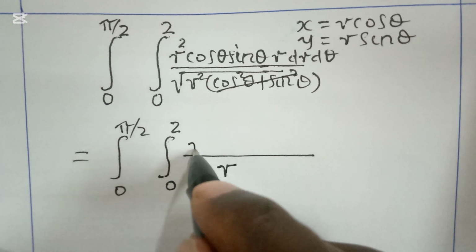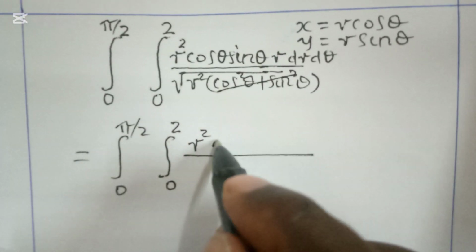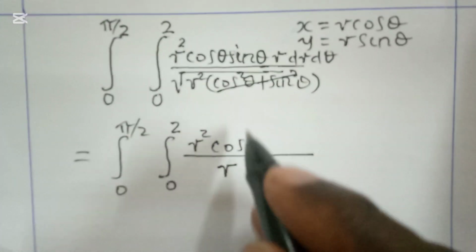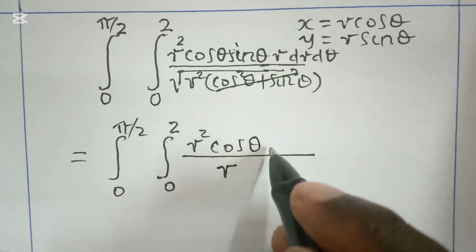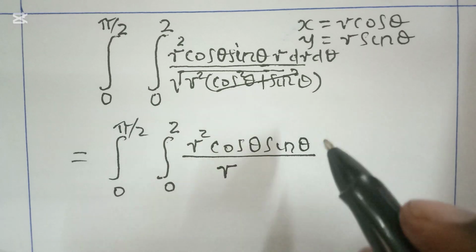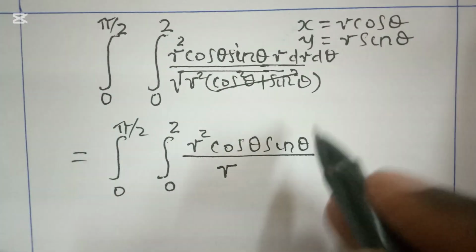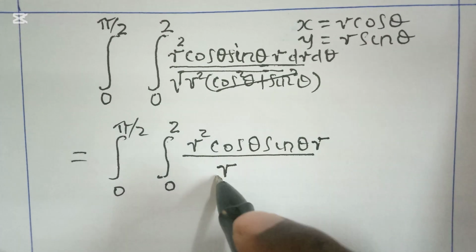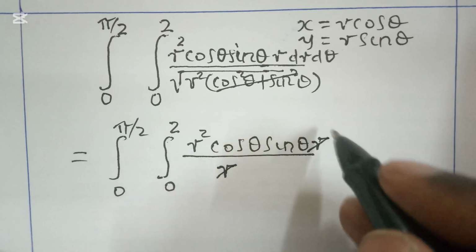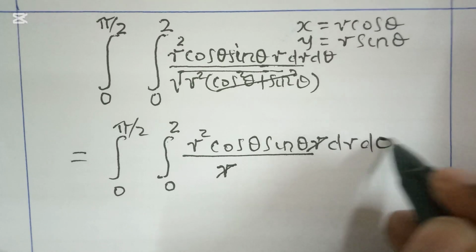Over here we have r squared, then we have cos theta sine theta. So now this r is going to cancel that r. Then we are left with dr d theta, like that.